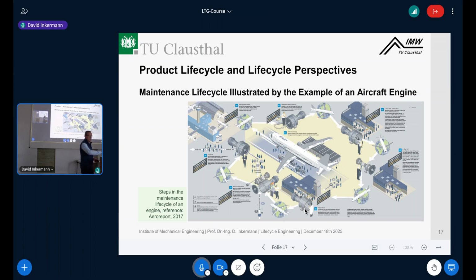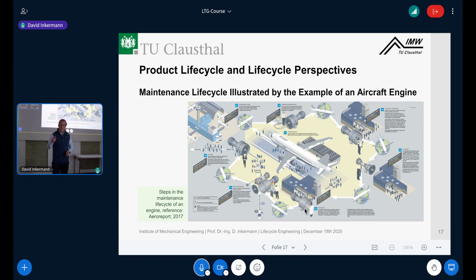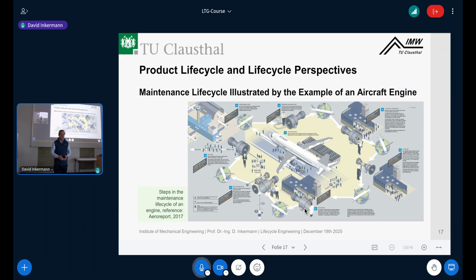I cannot go into the details, but you can see on these blue flags there are different stages, and we have to maintain each engine after a specific number of flight hours, not to increase performance, but to enable safe and reliable use during the next flights.